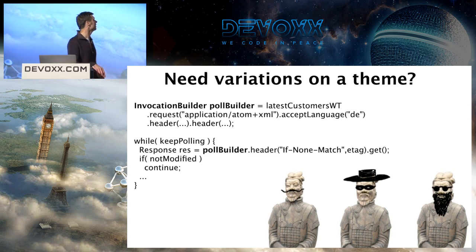As you can see here, suppose we are doing a polling, but we want to make this a conditional request. So every time we want to supply the e-tag that we right now hold for the polled resource.